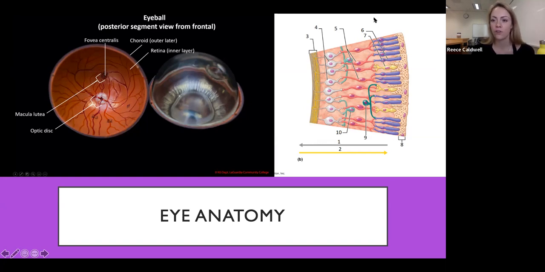So these are our photoreceptors, these secondary neurons in the eye are referred to as the bipolar neurons. And then these are the ganglion cells. The ganglion cells work with the basal ganglia in the brain to help us actually detect vision and know what we are seeing.